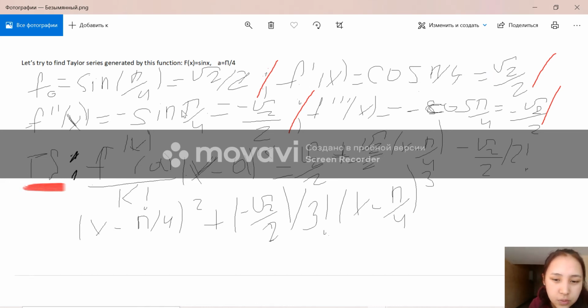The second derivative will be like this, the third derivative will be like this, and then we must place them in the Taylor series formula.